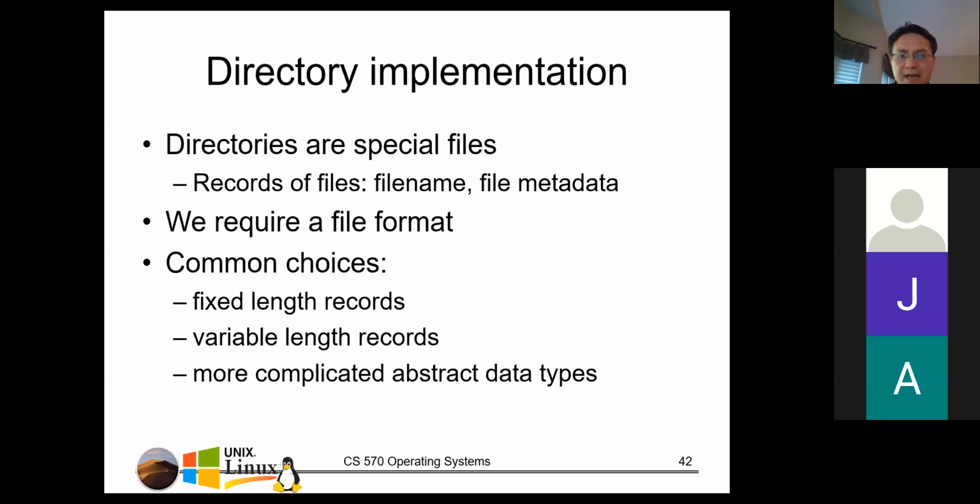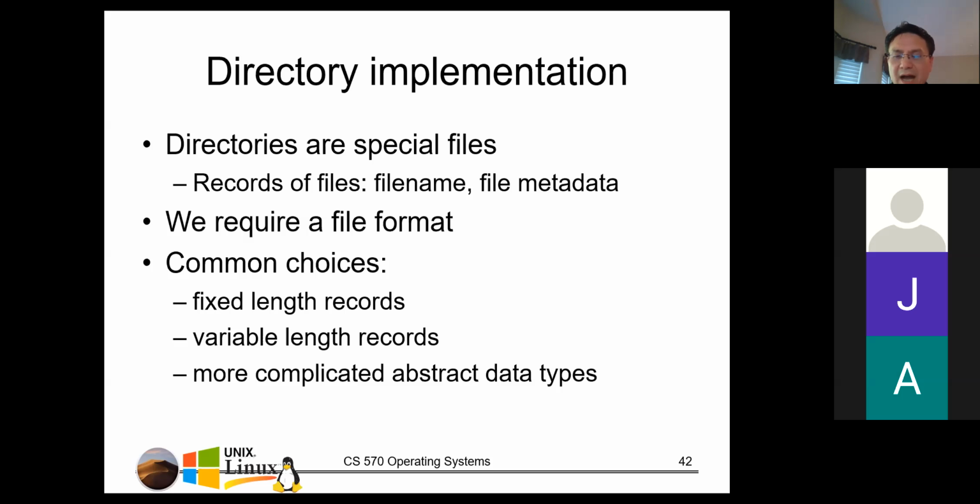Now, your file name, we talked about that before. Your file name could have just ASCII characters, or it could have Unicode characters, right? So in addition to the mapping of file name to the disk blocks, we also need to worry about the file metadata or attributes for each file in that directory entry.